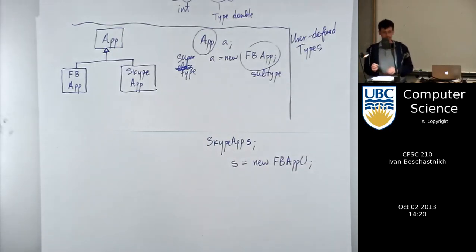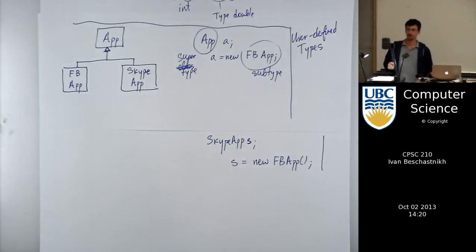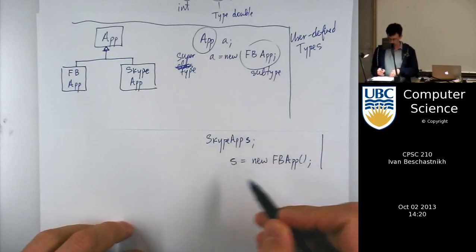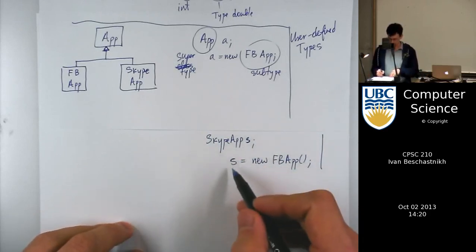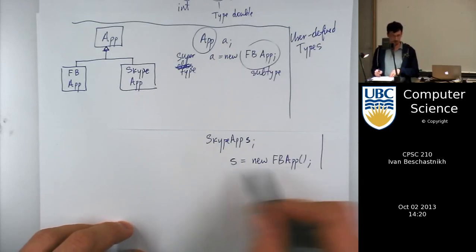Would that be legal? Why not? Yeah, they don't belong to each other, or really a better way of saying that is that one is not a subtype of the other. So there really is no relationship between these.